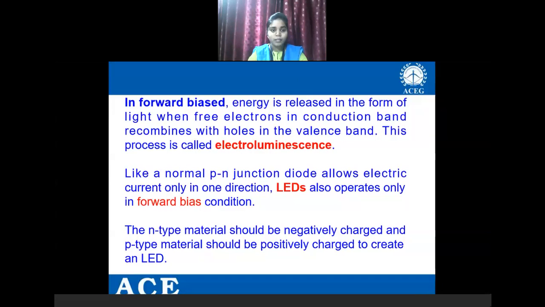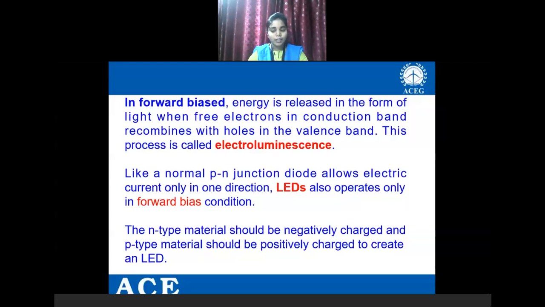As I said, like a normal PN junction diode allows electric current only in one direction, LEDs also operate only in forward bias condition. The N-type material should be negatively charged and P-type material should be positively charged to create an LED. Right? As in a PN junction, we have P-type and N-type.